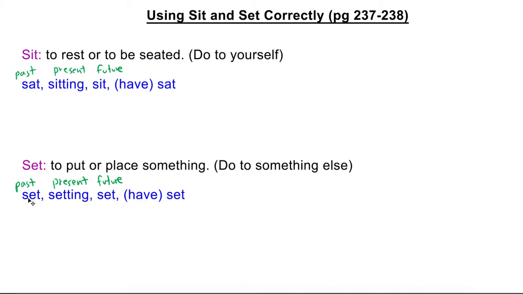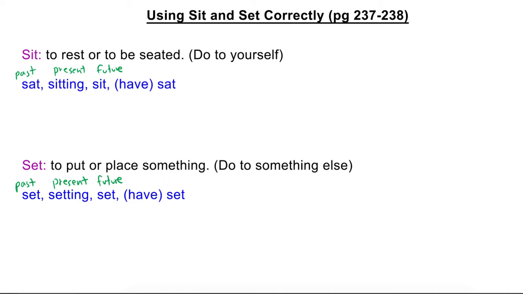For example, you can say I already set the table. You don't say setted. The past form of set is set. For present tense, you can say I am setting the table. For the future tense, you would say I will set the table. And to show that you have experience, you say I have set the table before.